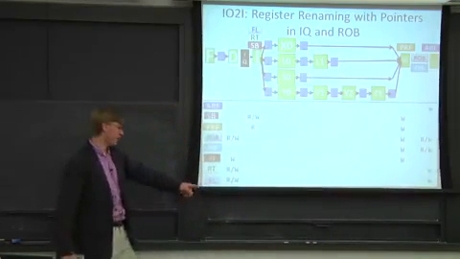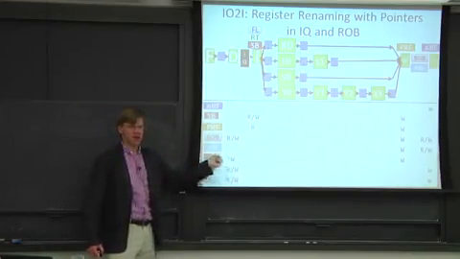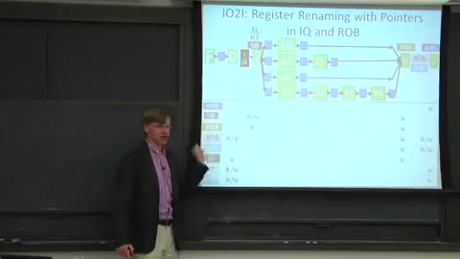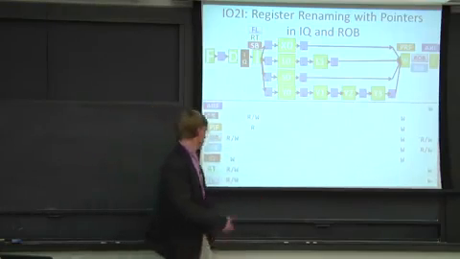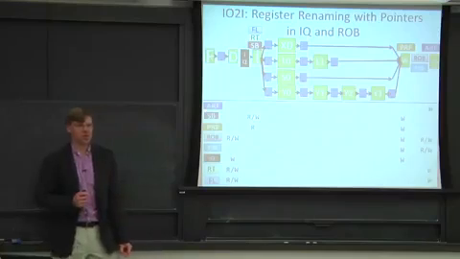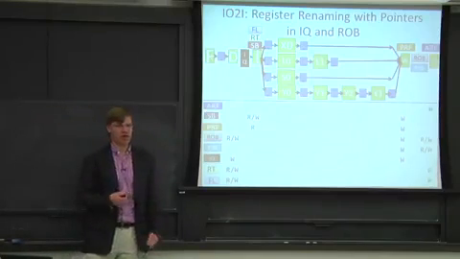But we'll talk about that. And the rename table gets read up here, because that tells you where to actually go get the value. It also gets updated here when we actually emit an instruction down the pipe. And we also want to update some pending bits when we get to the end of the pipe, so that it knows whether to pick up from the physical register file or the architectural register file for rollback issues.